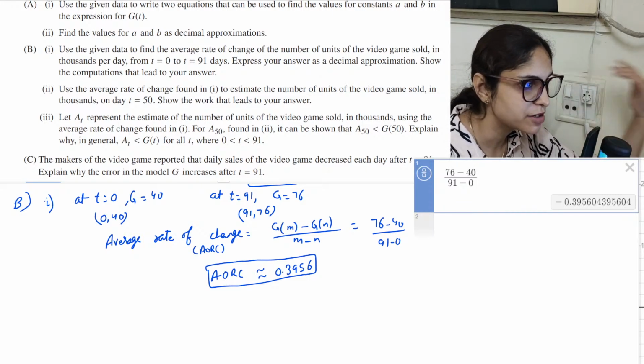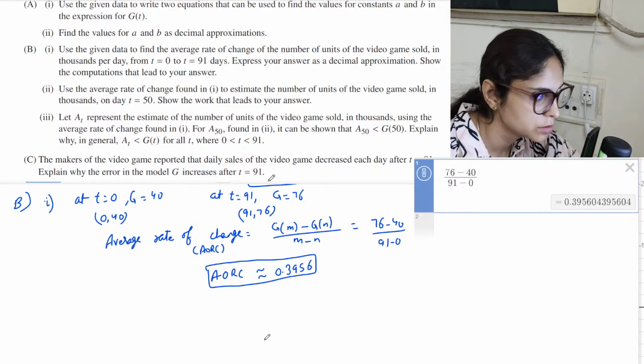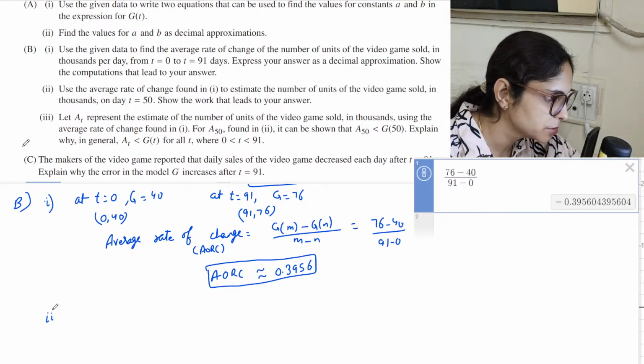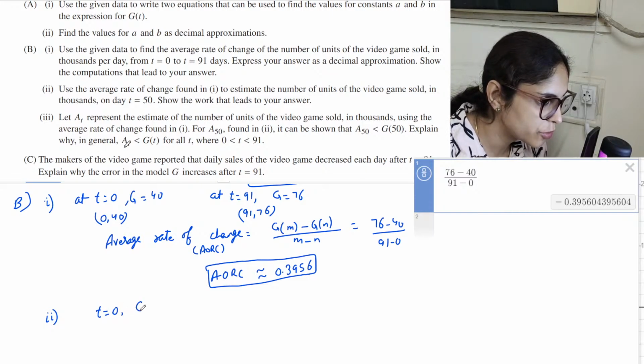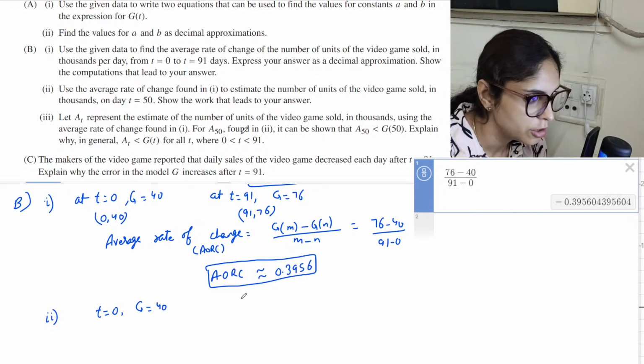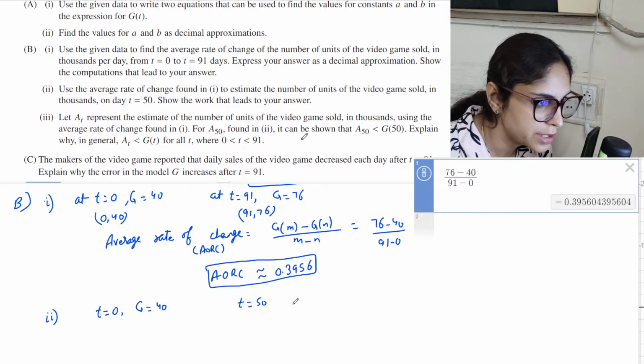So now we'll assume that average rate of change is same. So in second part, at T is equal to 0, G is 40. When T is equal to 50, you have to find how much is G.